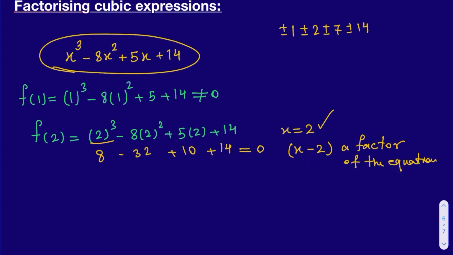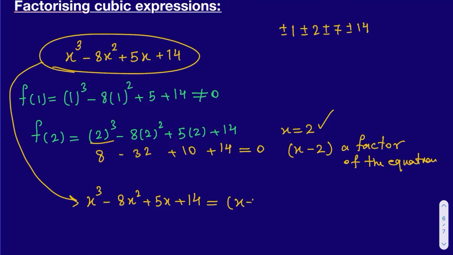Now I can rewrite this cubic expression as x to the power of 3 minus 8x to the power of 2 plus 5x plus 14 is equal to x minus 2 times ax to the power of 2 plus bx plus c.